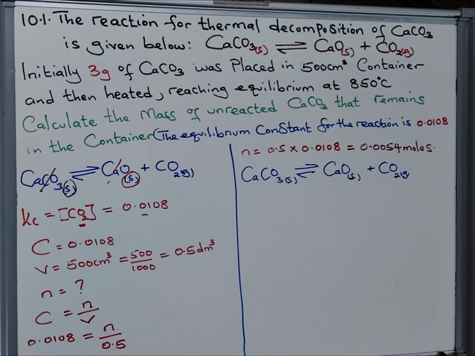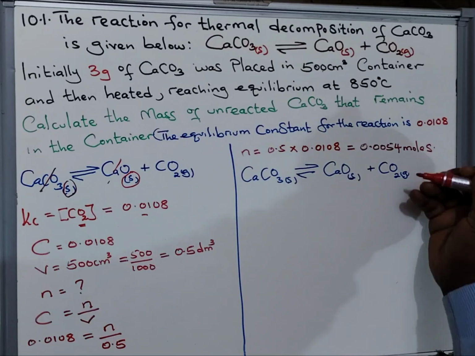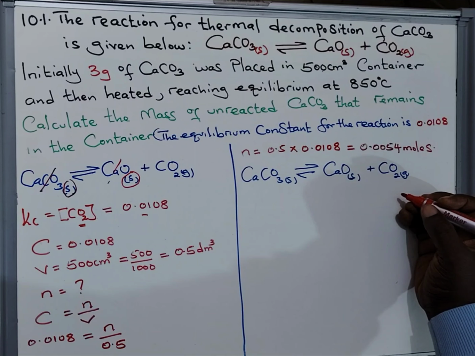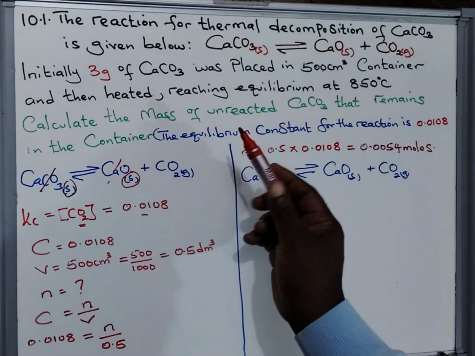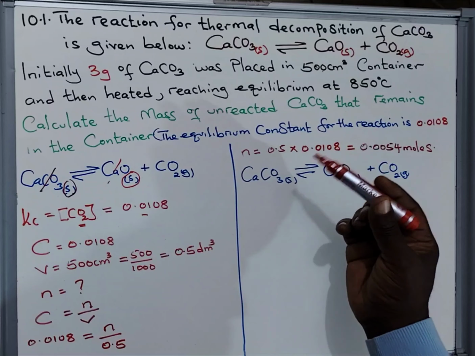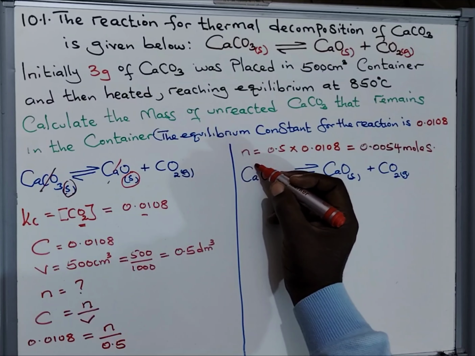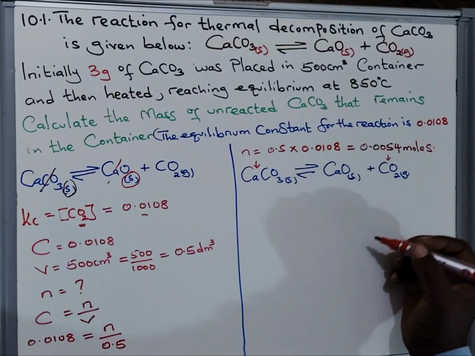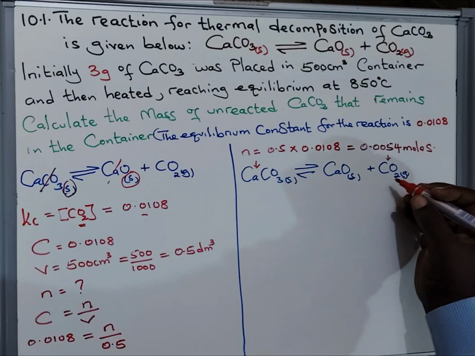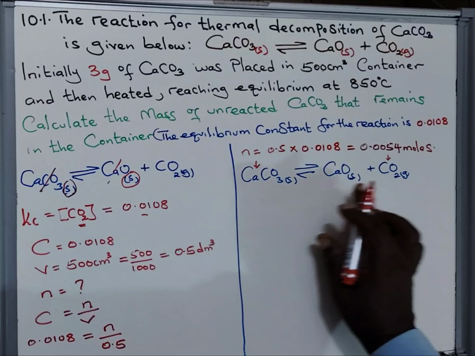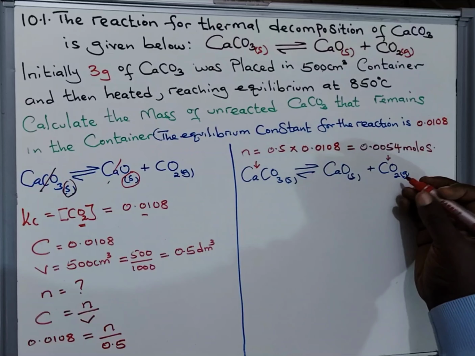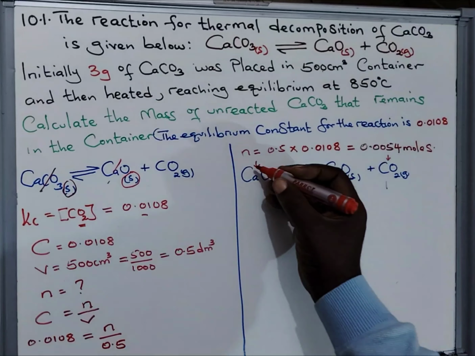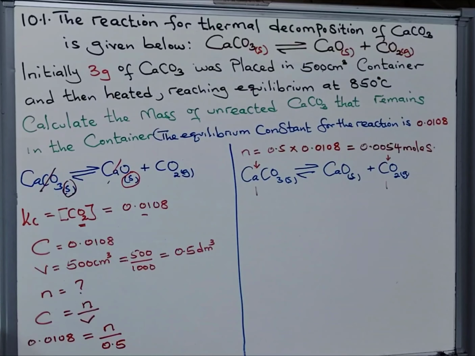So with that, I want us to know that we know the number of moles of carbon dioxide, and the question wants unreacted calcium carbonate. So it means that for this equation we are going to make use of this and this. And because of that, you look at the mole ratio. The number here is 1, and the number in front of this one is 1. So the mole ratio is 1 to 1.